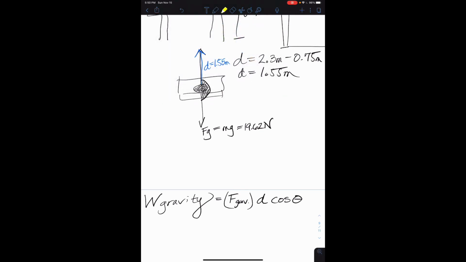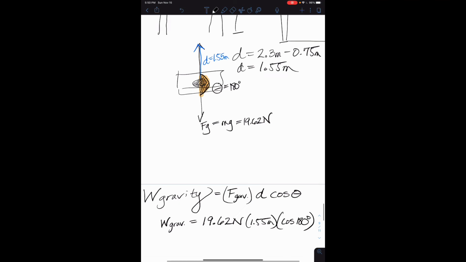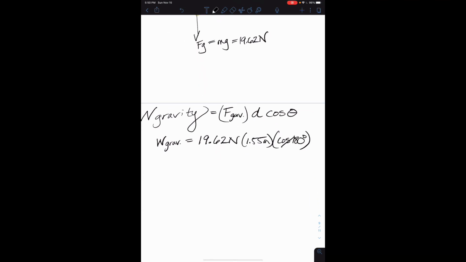I can use orange again if you like. So we see that theta is equal to 180 degrees. So down here, we can write this as work done by gravity is equal to 19.62 newtons times the distance, which is that 1.55 meters, times the cosine of 180. Cosine of 180, you should know that. That's just going to be -1.